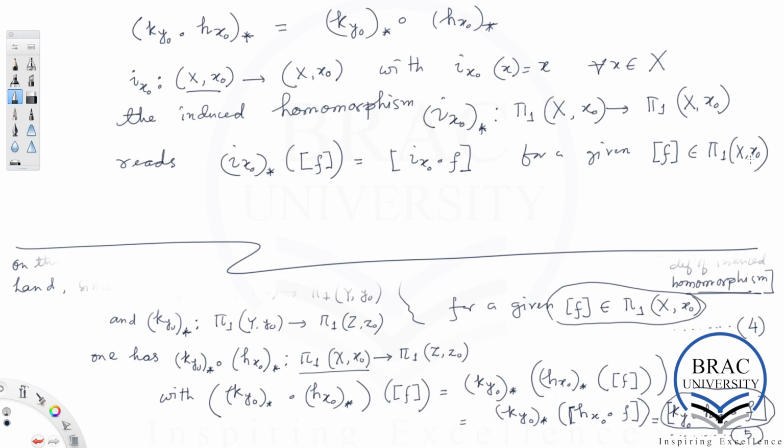Okay, so by the definition of the identity map on the pointed topological space, we know that this is simply the class of F. So it means that this is indeed the identity group homomorphism, which means that it acts on an element of the fundamental group and spits out the same element of the fundamental group, which is nothing but the identity group homomorphism.